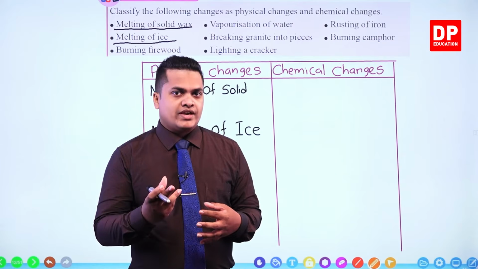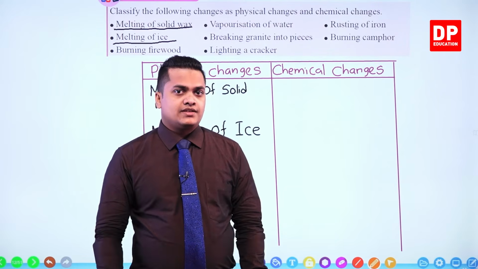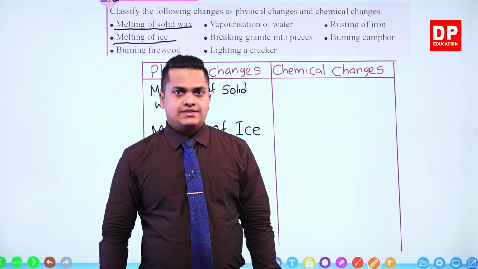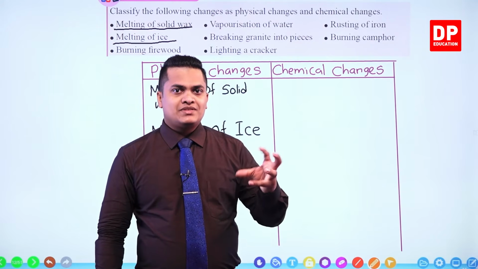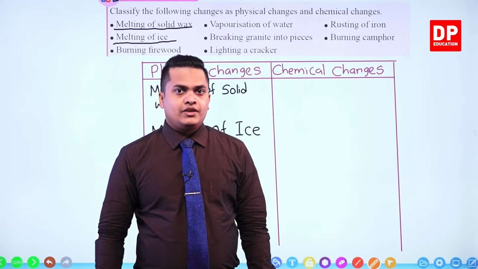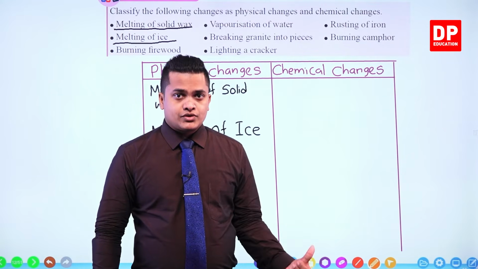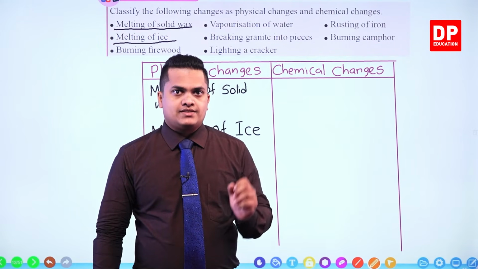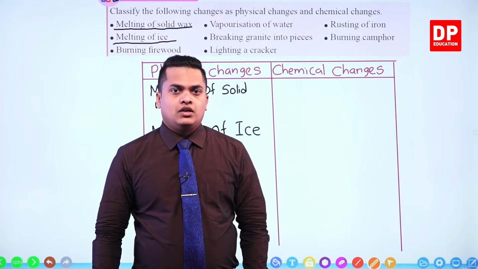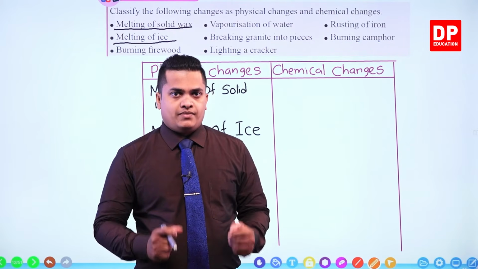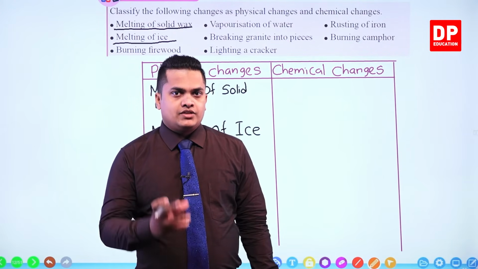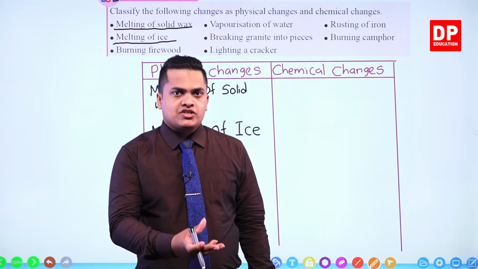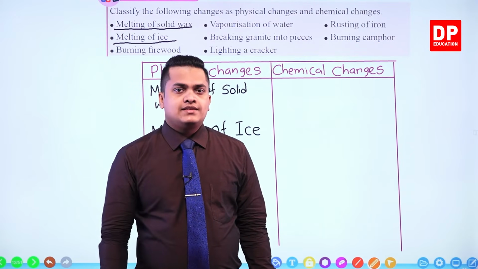So here you can see that, like in the earlier case when I burn a piece of magnesium, new substances are getting created during this change. That solid firewood is going to convert into a gas and emit smoke. A flame is going to emit. And once again, charcoal and ash are found as a residue.